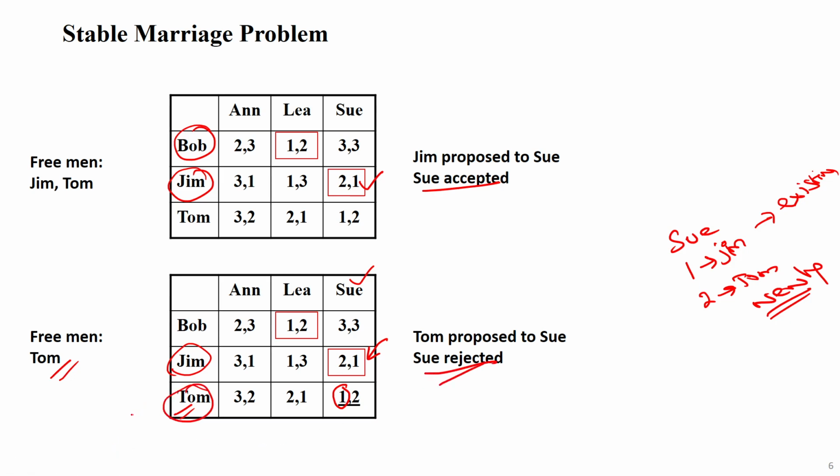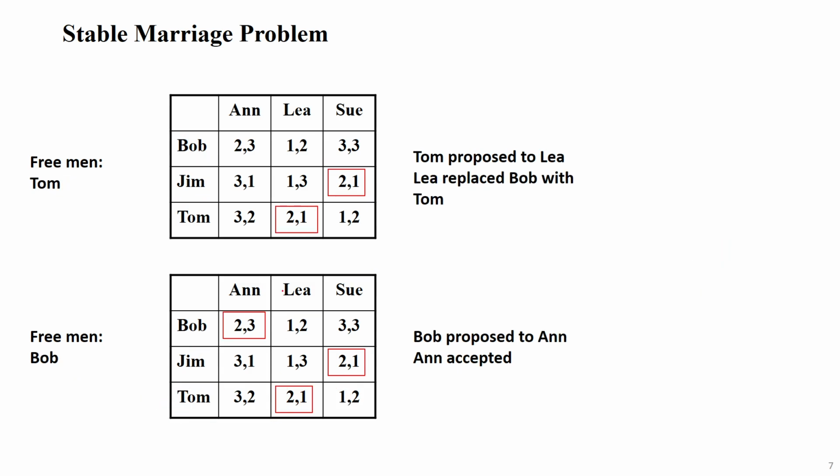Once it is rejected, he is approaching the second preference, Leah. When he submits the proposal to Leah, Leah has her own ranking list. She was already matched with Bob. Bob is the second preference for Leah, but Tom is the first preference for Leah. So Tom is the new person proposing, and he is first in Leah's list.